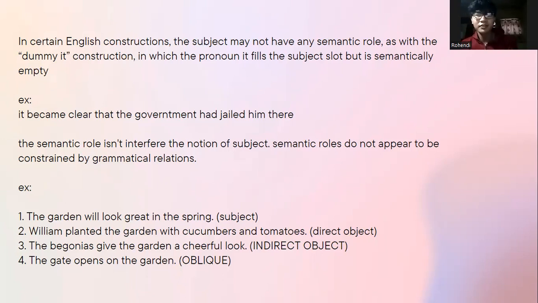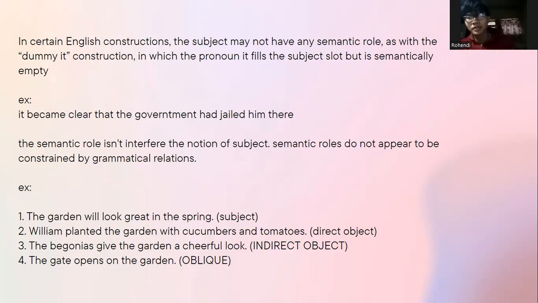Lalu, the semantic role doesn't interfere with the notion of subject. Semantic roles do not appear to be constrained by grammatical relations. Whatever the subject is, the meaning will not change. For example, we have the garden here.